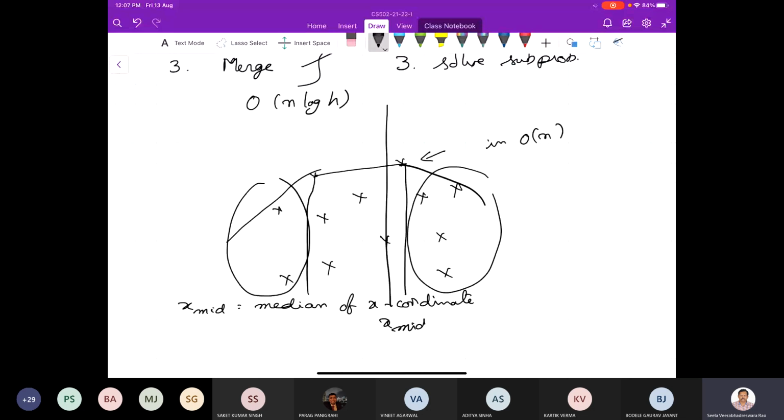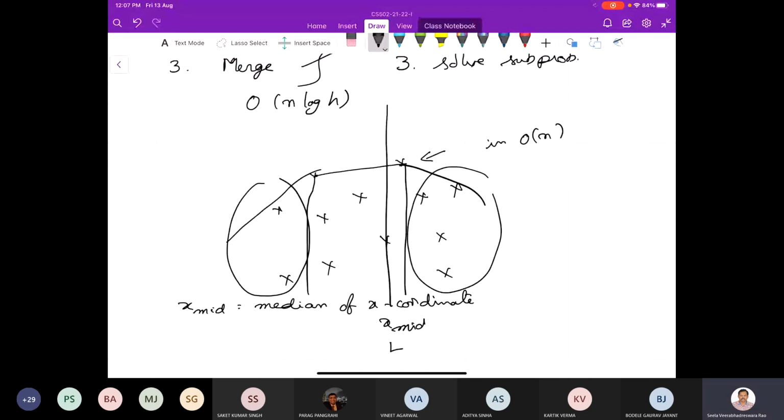Anything is possible. So we want to do it in n log h time. Obviously, we cannot sort them. So without sorting, we take their x coordinates and find their median. Okay, so x mid is this median, and the line passing through it is, say, L here. This divides the points into two halves, those on the left side and those on the right side.